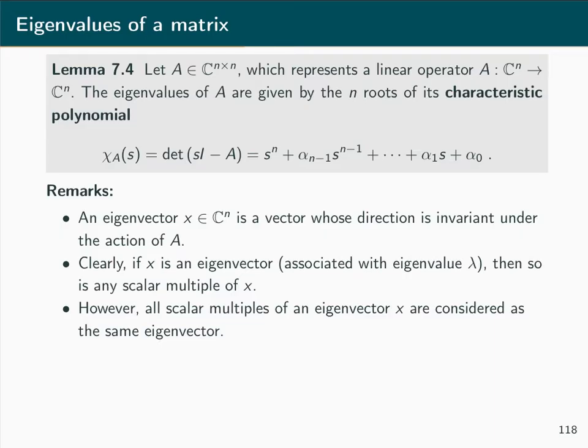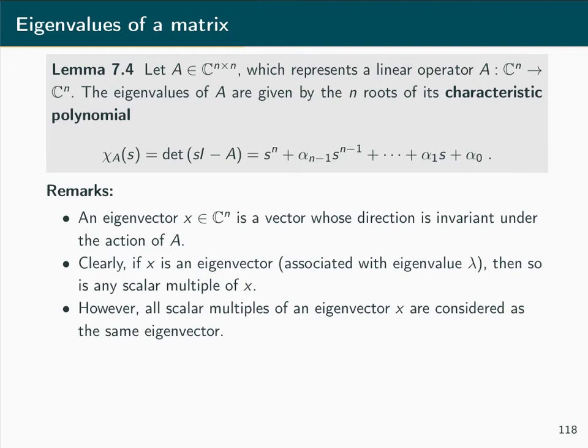A few more remarks about eigenvectors. First, the intuitive definition of an eigenvector is that this is a vector whose direction is invariant under the action of A. In other words, if I apply A to the eigenvector, it will change its length, but it will not change its direction.